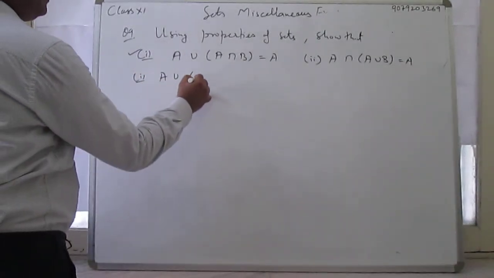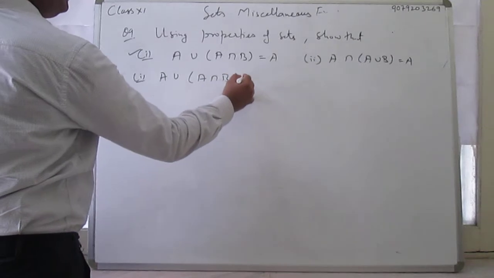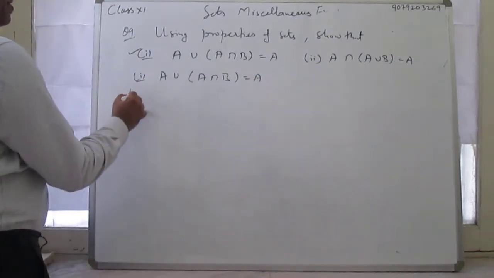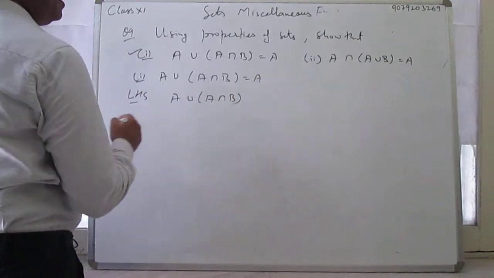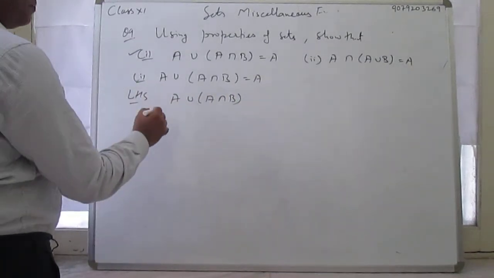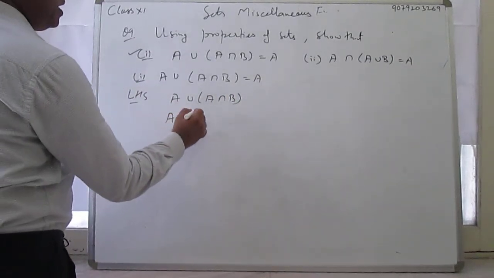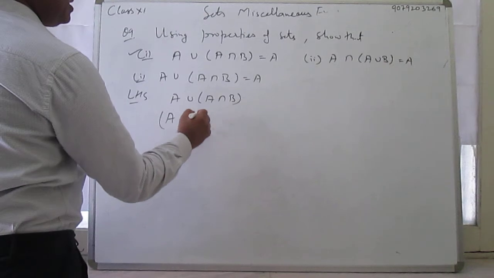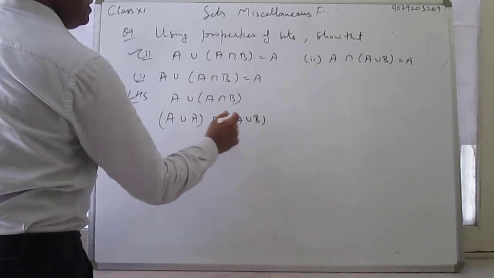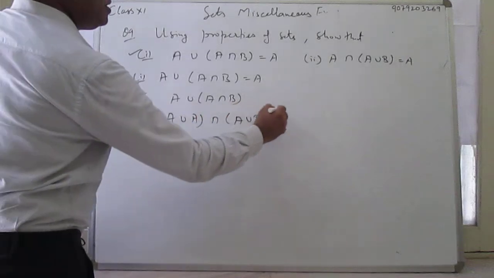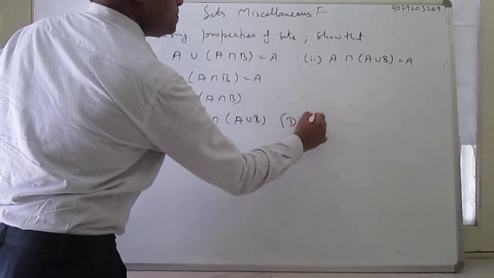A union (A intersection B) is equal to A. So I will take the left hand side, A union (A intersection B). Use the distributive property: (A union A) intersection (A union B). It is union over intersection, the distributive property.